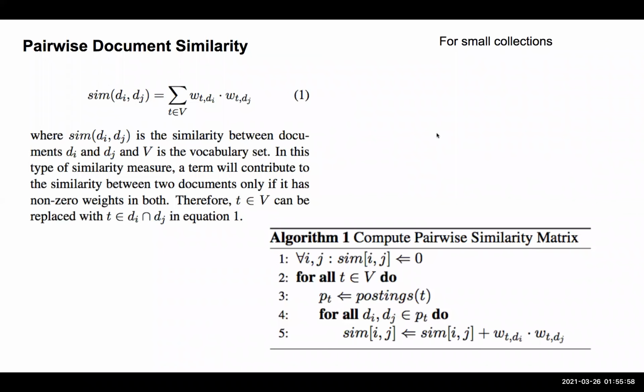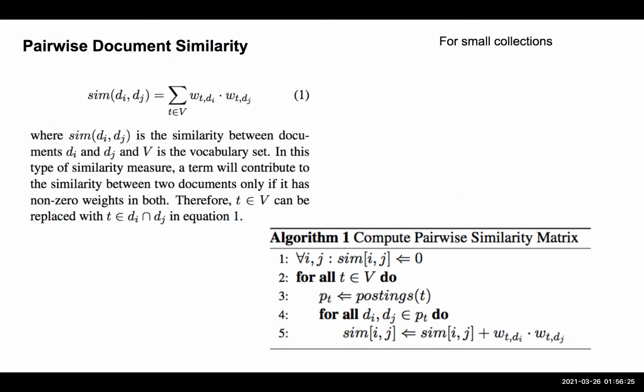So, back to pairwise document similarity. The original similarity comparison between two documents is based on this formula. Basically it calculates the shared terms, the weights, and sums them together to finally get the similarity between two documents.